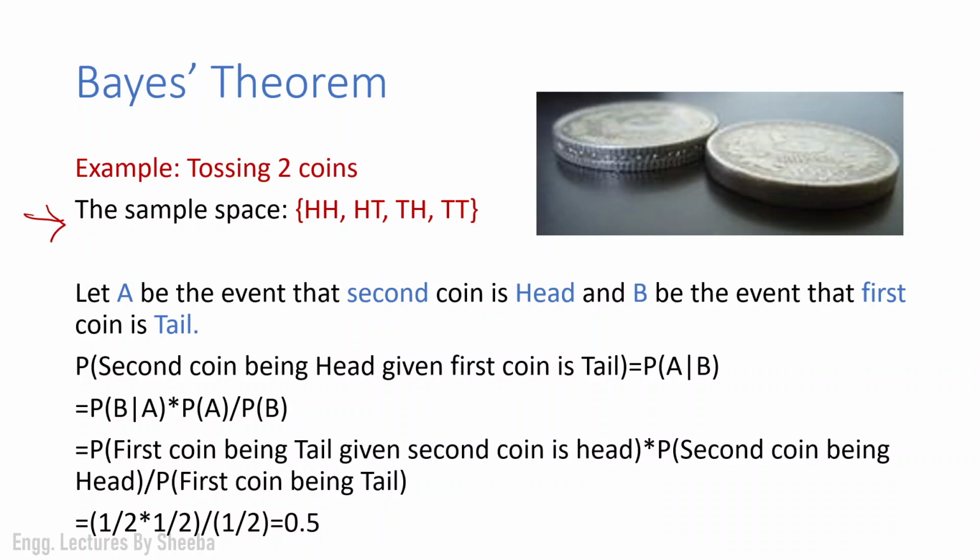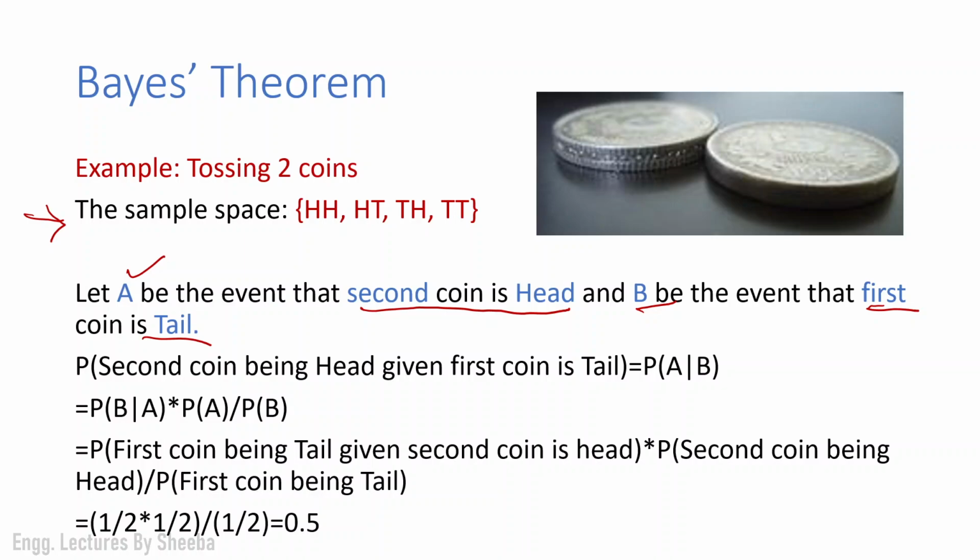The second coin giving head, we are calling that event A. And what is B? B we are calling the first coin giving tail. So if the first coin gives tail, we call it event B. So we are going to find the probability of the second coin being head given the first coin is tail.